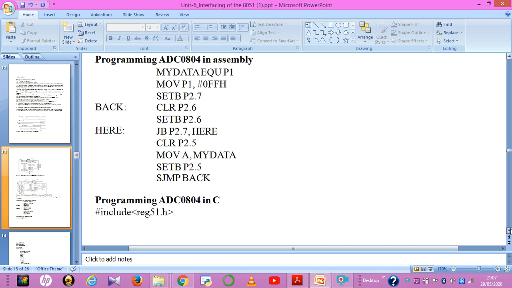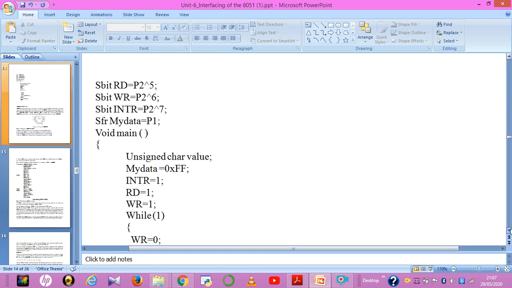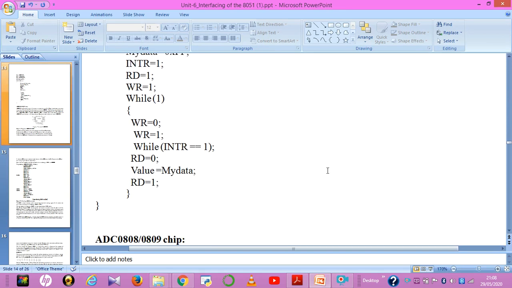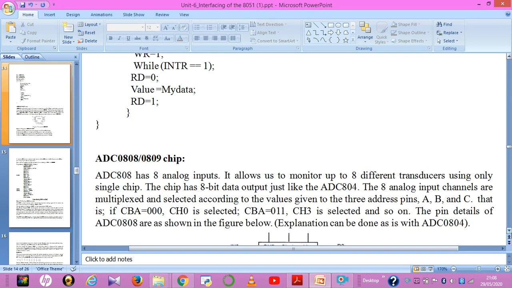That is the same program I have given in C. You send all ones: INT is 1 for end of conversion, RD is 1, WR is 1 for start of conversion, and keep checking both statuses. Next, it reads the values of data within RD0 and RD1, and you keep the data within that. Finally, it checks those statuses and converts analog to digital.